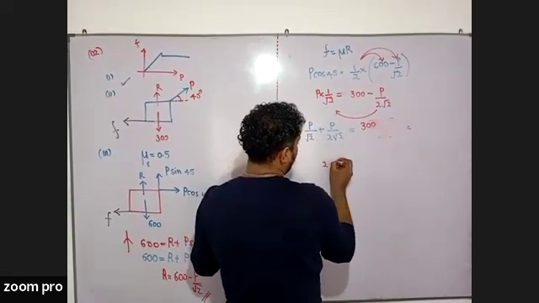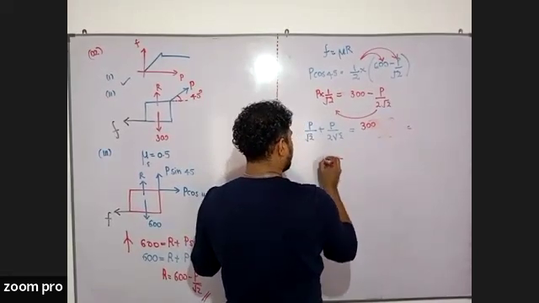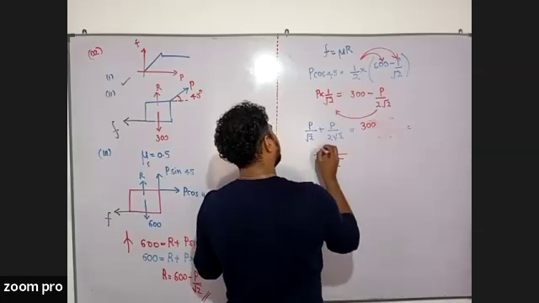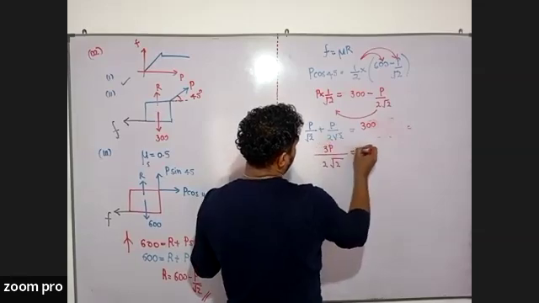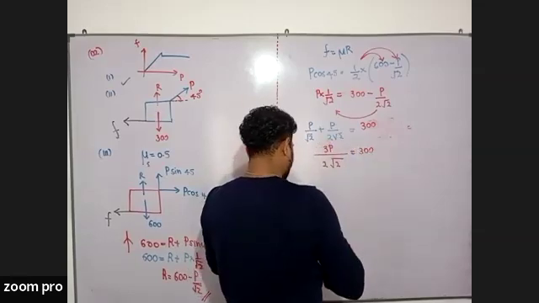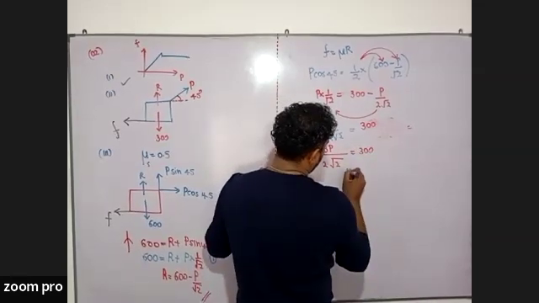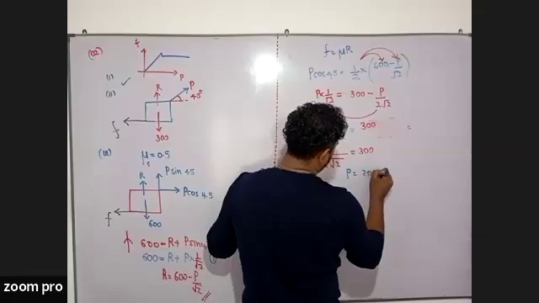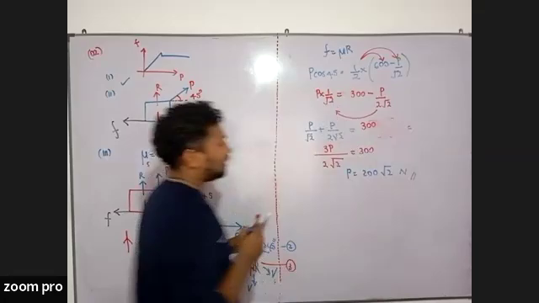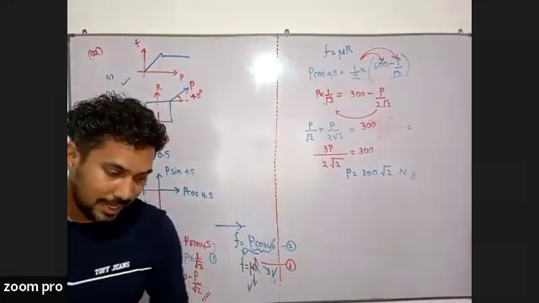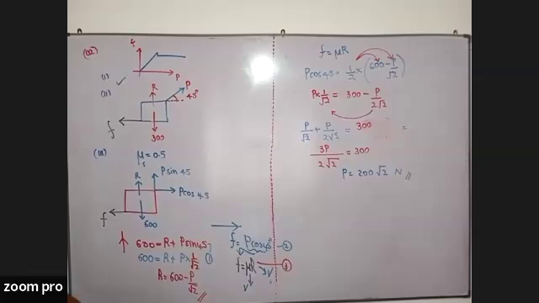So if I consider the common denominator as 2 root 2, it should be written as 3P equals 300 times 2 root 2. Then P equals 200 root 2. So guys, this is the answer for P at this instant.